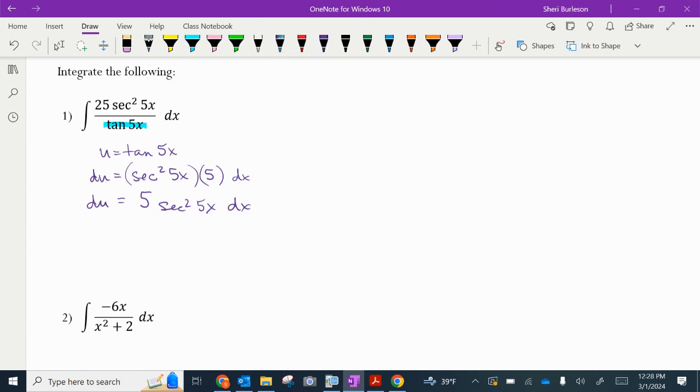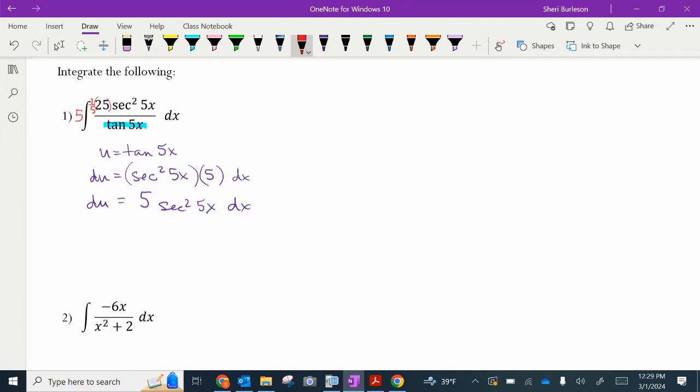Do I put 1/5 on the outside? I need a 5 on the inside. So I put 1/5 on the inside and then 5 on the outside, correct?